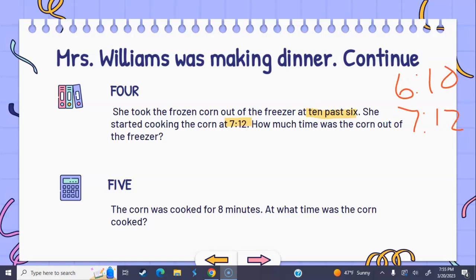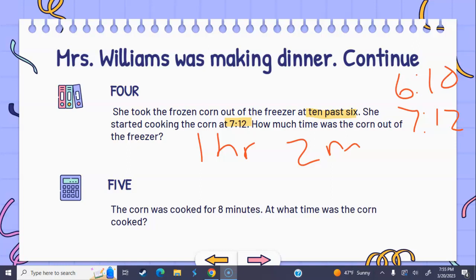As we can see here, we have 1 hour pass and 2 minutes. You can also write that as just minutes. For 1 hour, it's 60 minutes, so you have 62 minutes it was out of the freezer. The corn was cooked for 8 minutes.